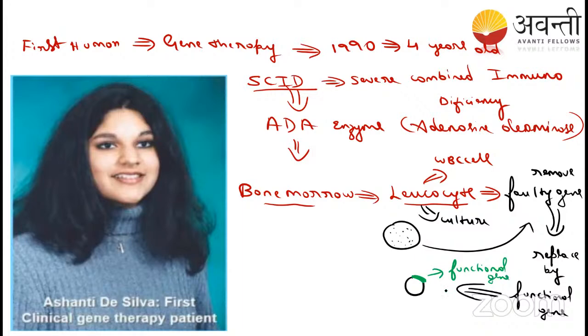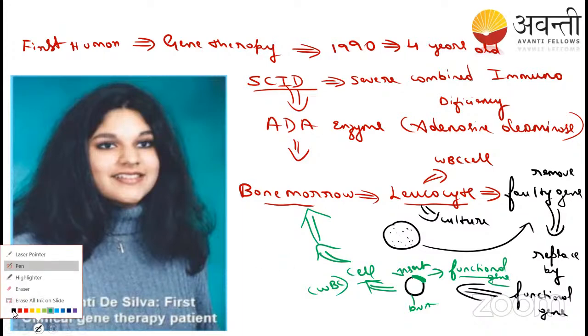So they will insert this into the cell, which cell, student? The WBC, the leukocyte. Then these WBC cells will again be inserted into the bone marrow.